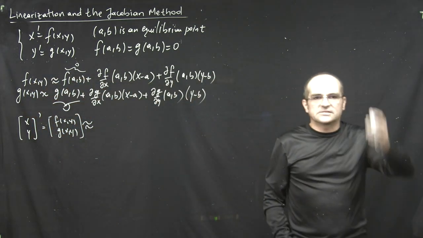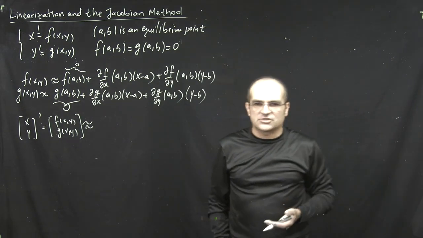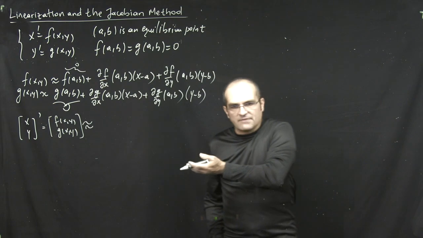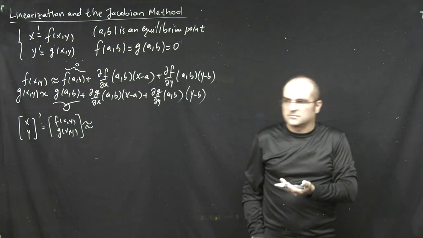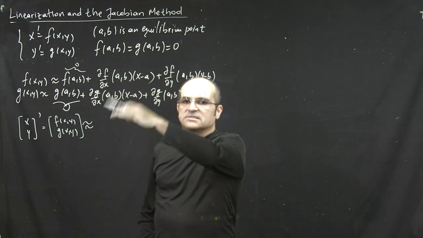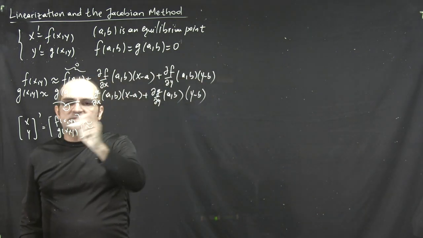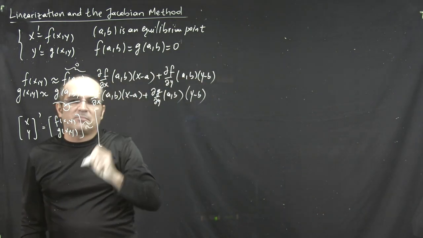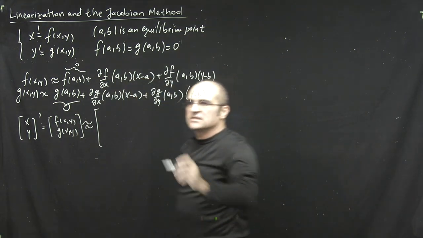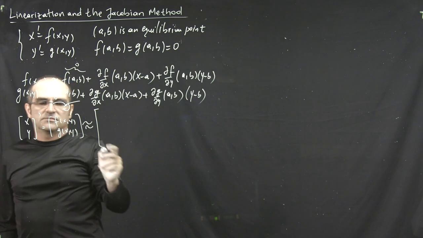In a nutshell, this is the moment when we give a justification why we bother with linear systems when in real life we have nonlinear systems. Because in some conditions, provided of course these derivatives exist and so on, this right-hand side can be approximated by a linear system whose matrix of coefficients is given by these partial derivatives.